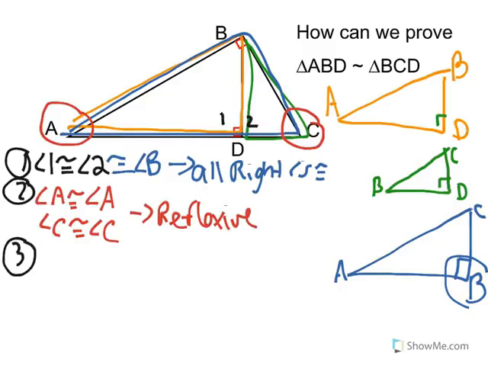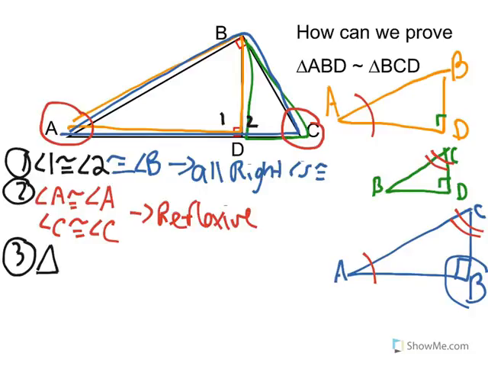So now I'm able to say, not the triangles I'm trying to prove yet, but I can say that the blue and the orange are similar because they both had angle A in common. And then I can also say that the blue and the green are similar because they both had angle C in common.